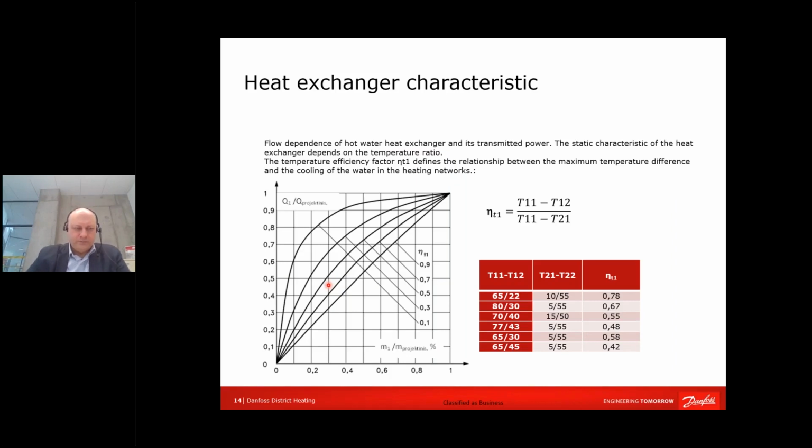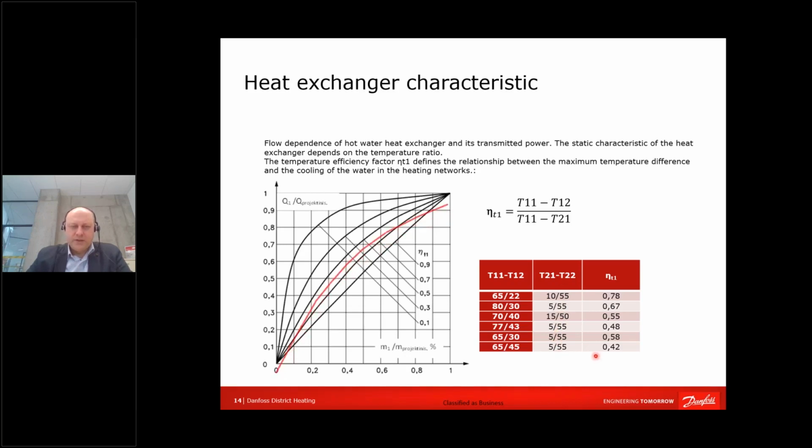Here I'm jumping to what is happening in the station. I would give an example about static characteristics of a heat exchanger. How does it work? In this figure, these lines have different values, and they depend on temperatures, so they might be different ones.